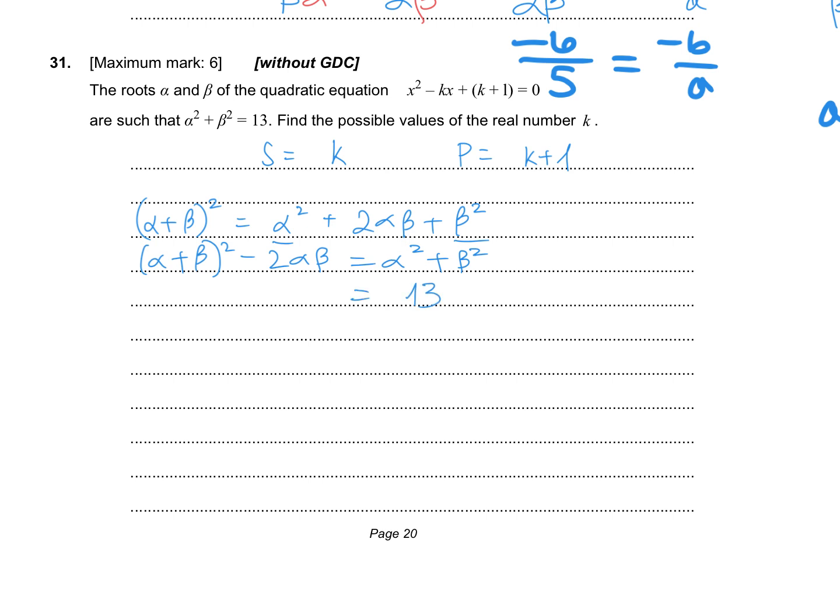So the sum of the roots is k squared, because alpha plus beta. And the product is k plus 1. All right, so now we've got a quadratic minus 2k minus 2 minus 13 is minus 15 equals 0. And this is going to be k minus 5, k plus 3. And we have k is 5 or k is negative 3.